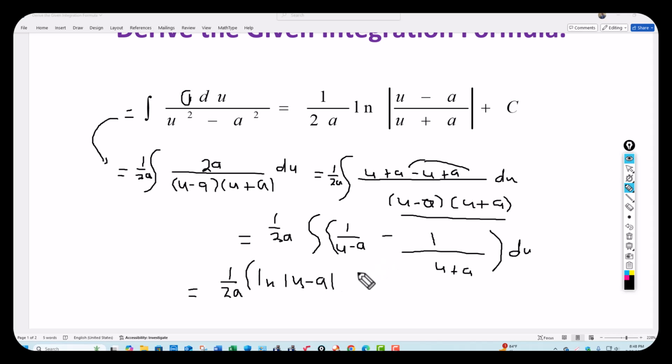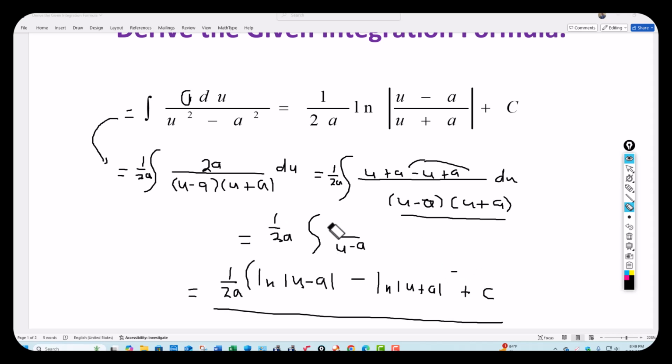Got the minus. Same thing in this one. du over u plus a integral is ln of absolute u plus a. And then it's plus the constant of integration. So this is the integration right here: 1 over 2a multiplied by ln of absolute u minus a, minus ln of absolute u plus a, plus the constant of integration.